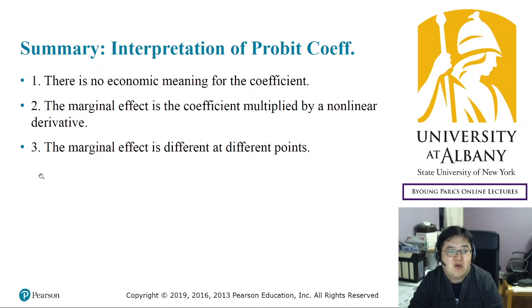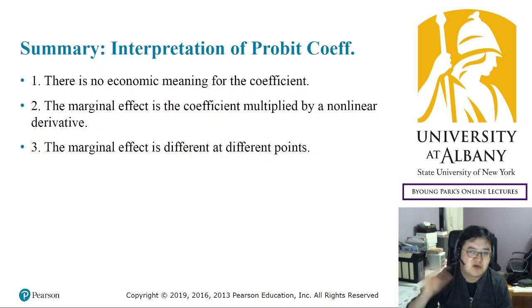All of these problems and features come from the nonlinear nature of the regression model. And the nonlinear nature of the model arises from the special structure of the dependent variable, which is binary.